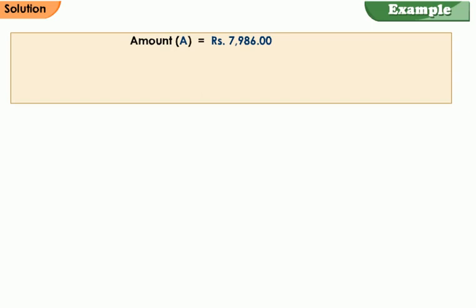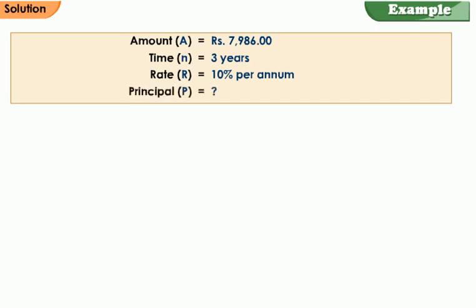We have to find the value of principal, that is P. For this, we use the formula A is equal to P into 1 plus R divided by 100 whole to the power n, which tends to rupees 7,986.